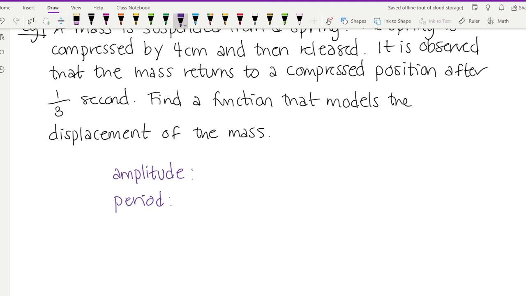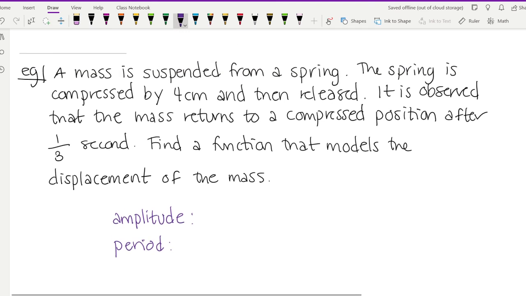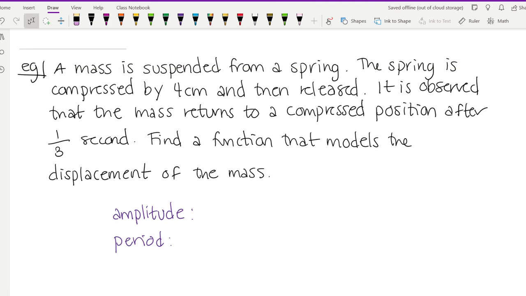But okay, let's think about what the amplitude is. It says the spring is compressed by 4 centimeters. So picture that the spring is at its resting position, and then you push it up by 4 centimeters. That is going to be the maximum height of this thing, right?